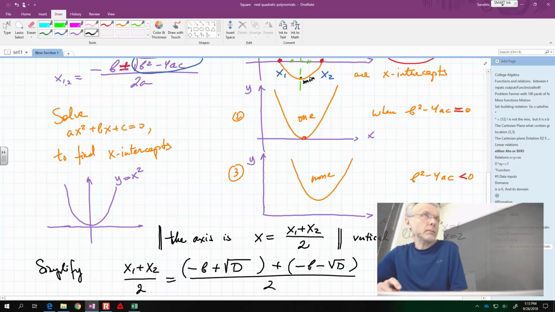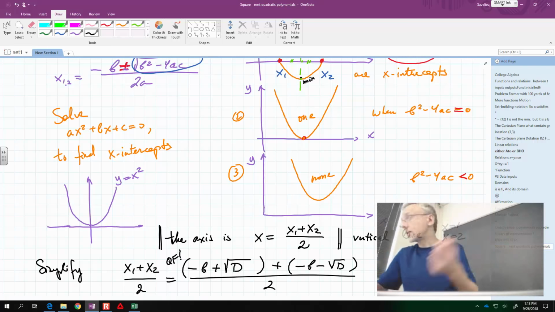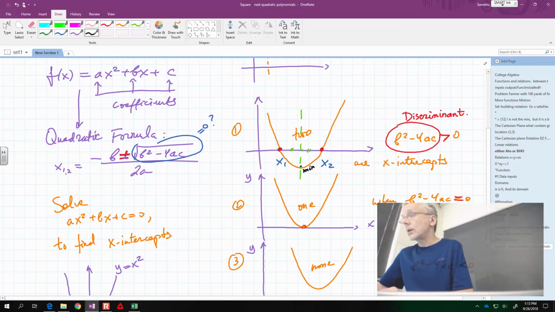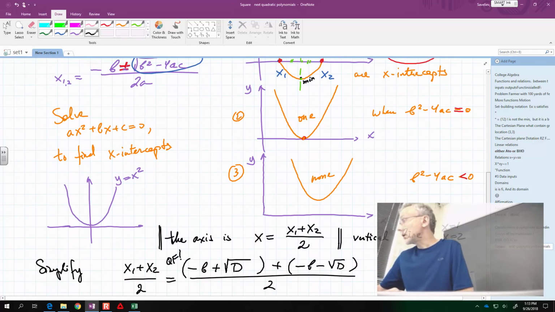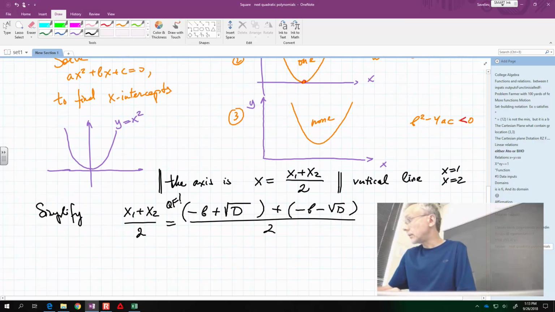Okay, makes sense? So I'm using the quadratic formula. I don't really care what the discriminant is, and that is why I don't want to actually write what the expression is. I just use d, the discriminant, b squared minus 4ac. Why I don't care, you'll see in a moment.